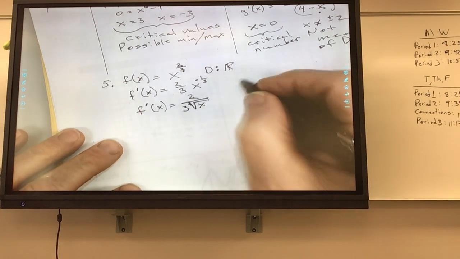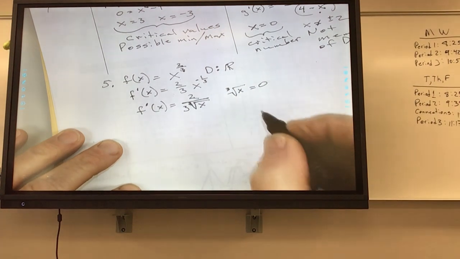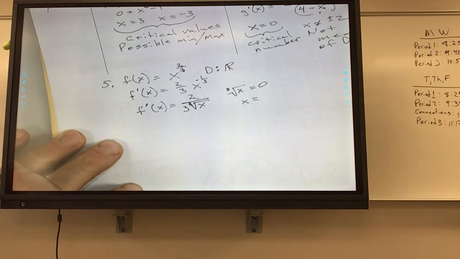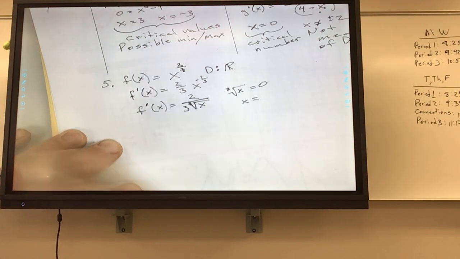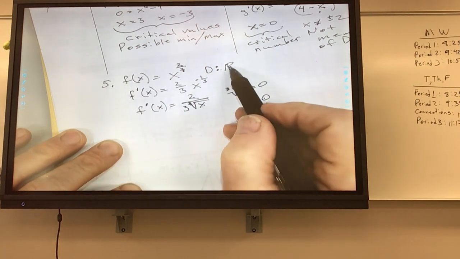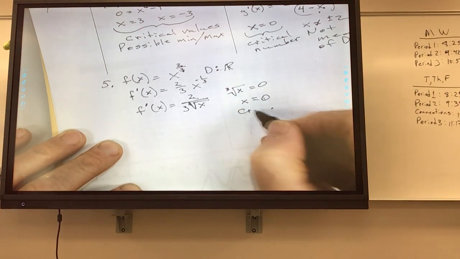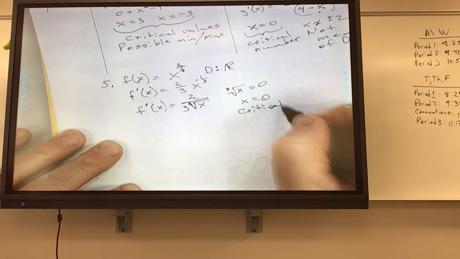I think so. X equals 0. The cube root of what number is 0? 0. Was 0 allowed up here? You said all reals. Is 0 a real number? Yeah. Guess what? It's a critical number.